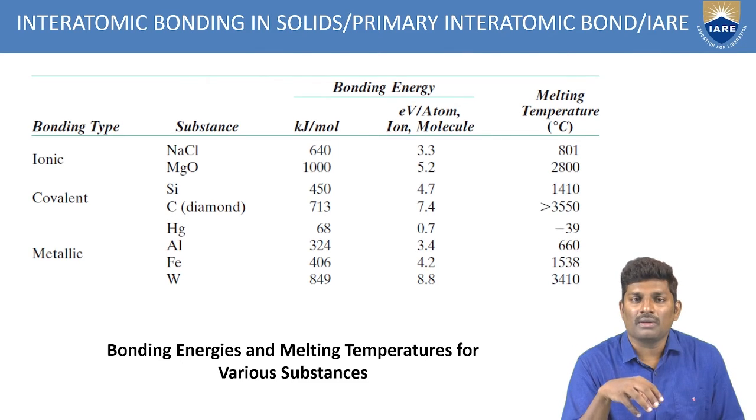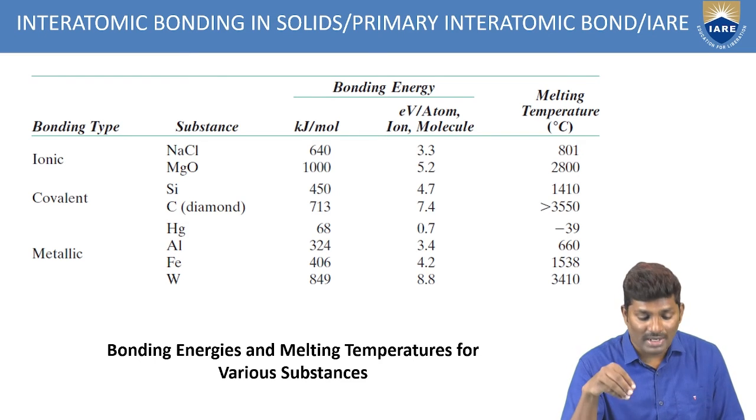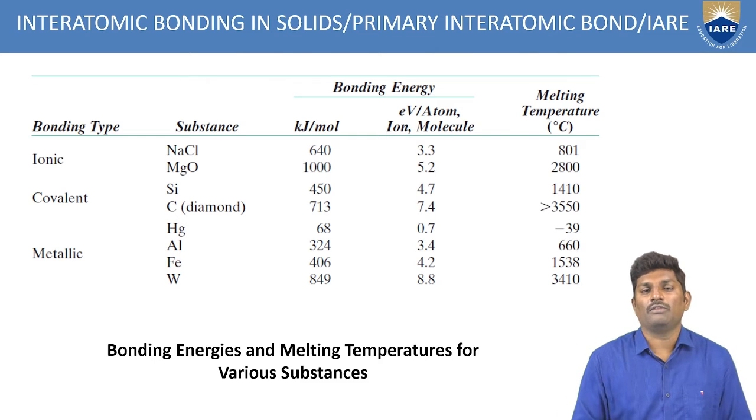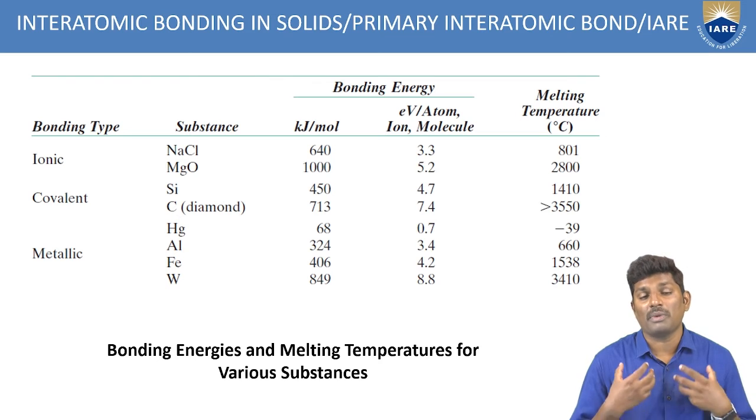That's why before going to any application or selection of material, you have to know these characteristics. As I told you in the beginning, if you want to know the properties of the material, one needs to study the atomic bonding between the elements and what type of bonding it is, whether primary or secondary.